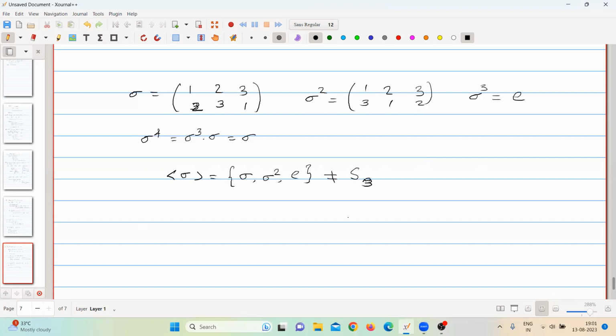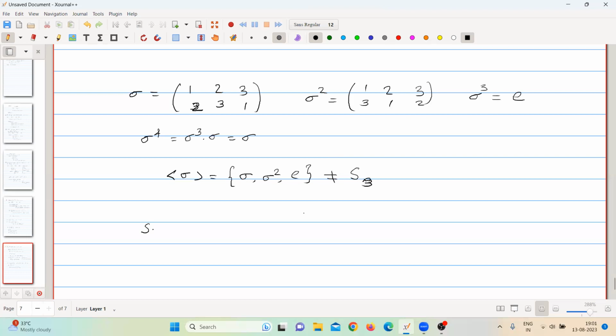In the same way, one more element, sigma square, is also there. You can write the last element in S3, and for that also we will get that the order of that element is 3. So in that case also we can say it does not generate full S3.